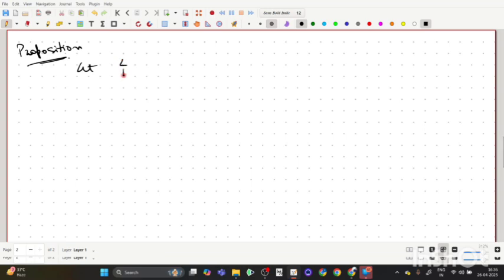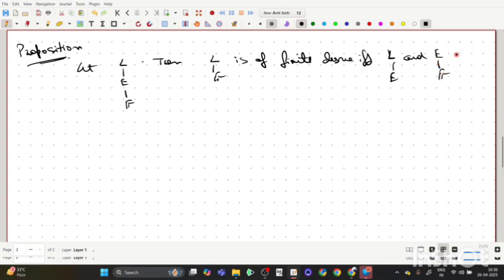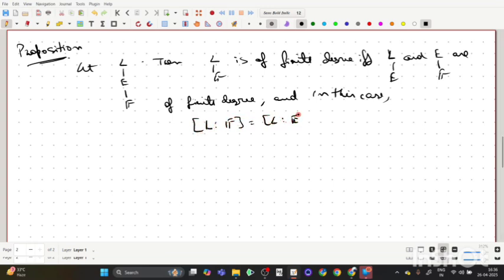Let L be an extension of E, E be an extension of F. Then L over F is of finite degree if and only if L over E and E over F are of finite degree, and in this case the degree of extension of L over F is the degree of extension of L over E times the degree of extension of E over F.